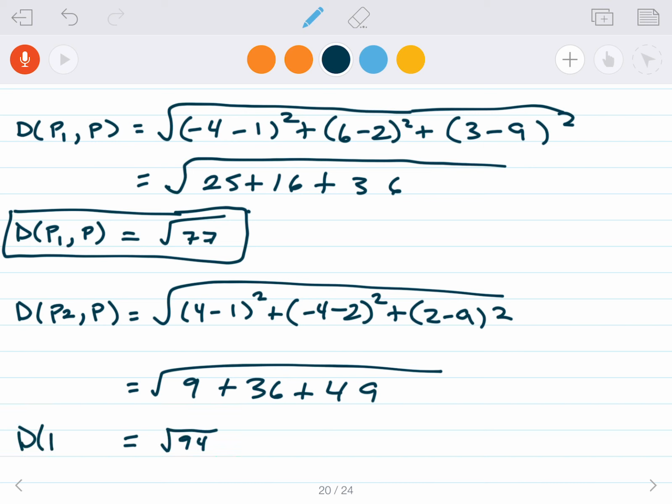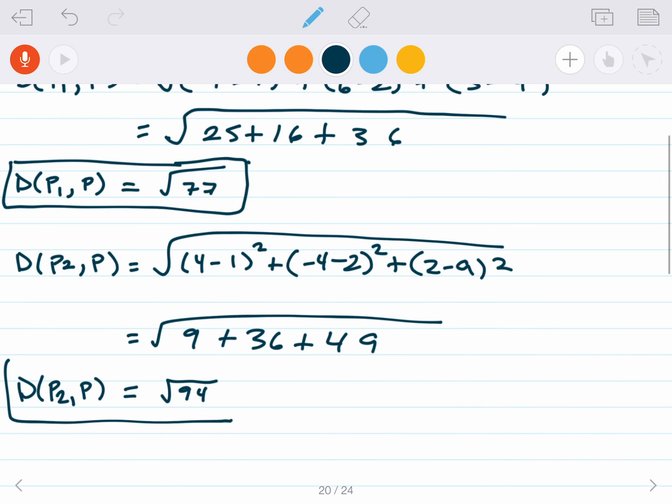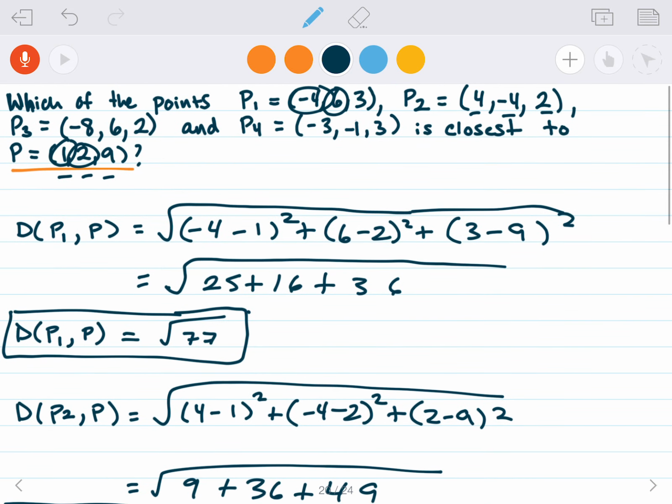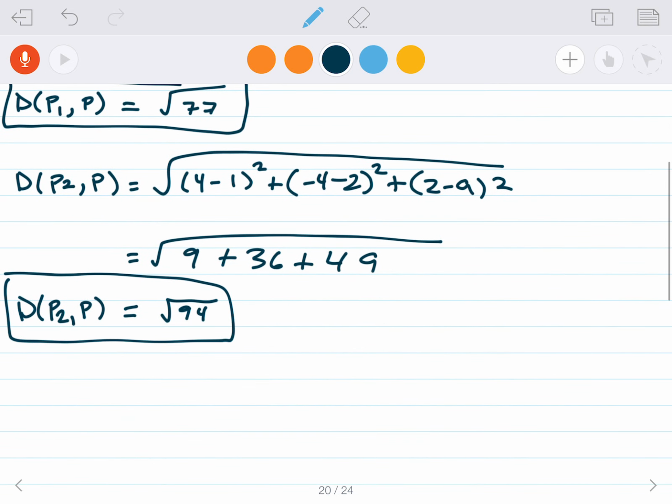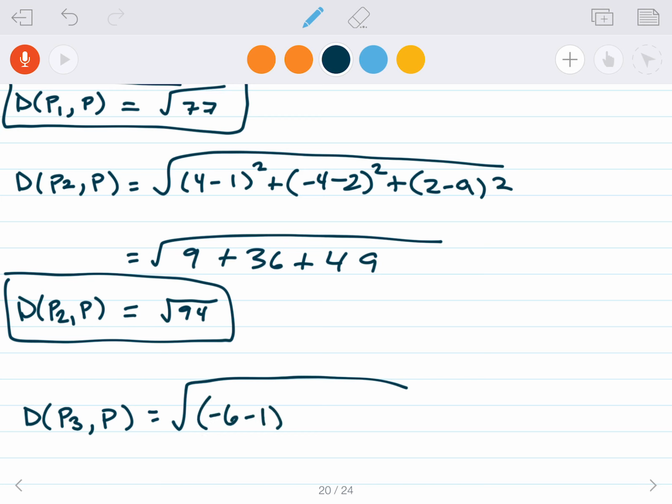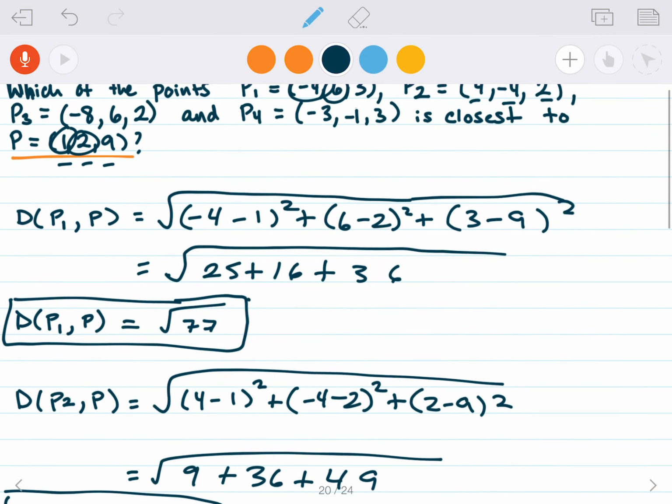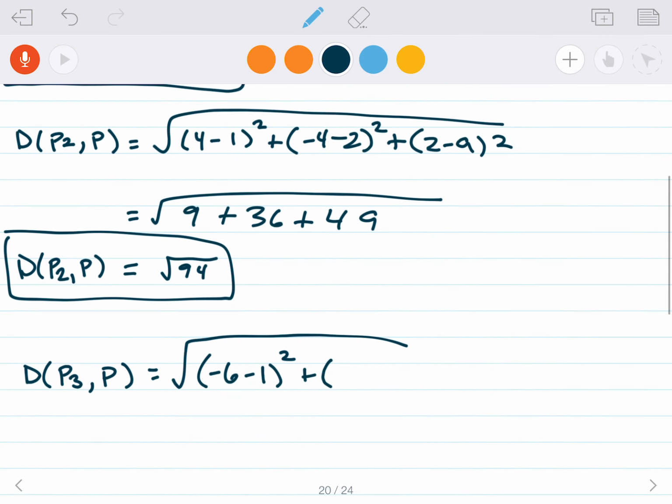So distance between P2 and P. Alright, P3 is negative 8, 6, and 2. Negative 6. Oh wait, sorry, that was negative 8, not negative 6.